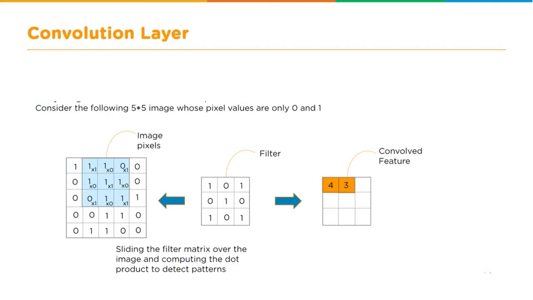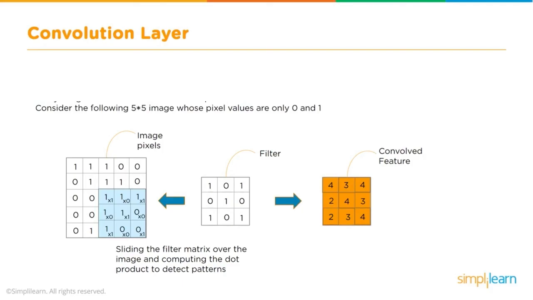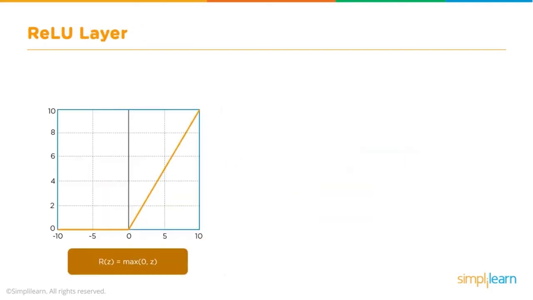We're sliding the filter matrix over the image and computing the dot product to detect patterns. So we're just going to slide this over. We compute the first one, slide it over 1 notch, compute the second one, and so on all the way through until we have a new matrix. And this matrix, which is smaller than the image, has reduced the image to whatever the filter is filtering out.